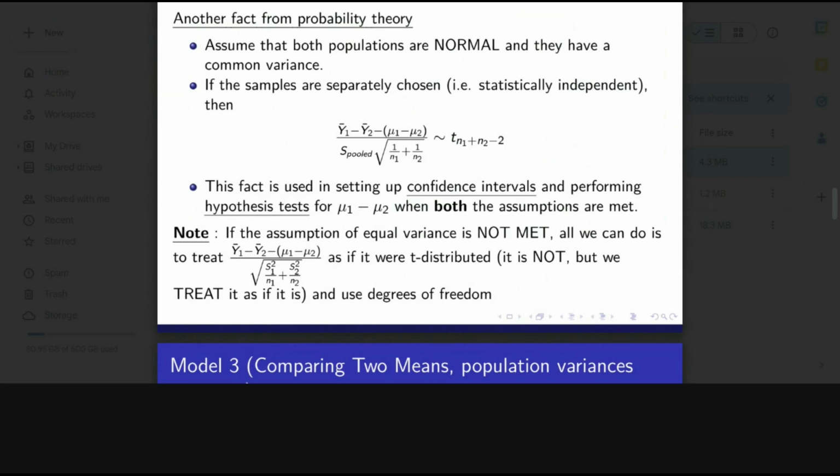A lot of people have asked me in the past, in this school especially, does anyone know the distribution of this? And the answer is no one knows. I mean, you can derive it, but it's not T. When you take separate standard deviations and dump them in, this is no longer T. There's no known distribution for this one.